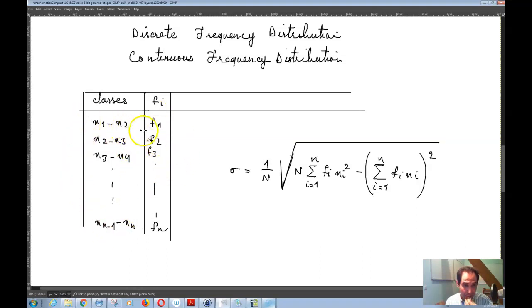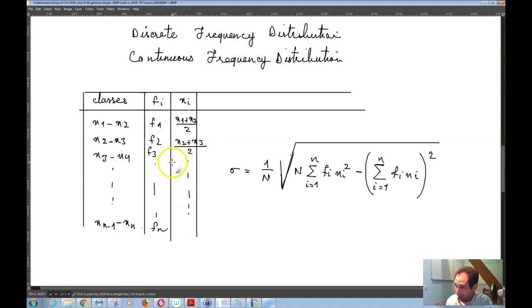So in this case, in order to find your x sub i, you take the average of these two, x1 plus x2 divided by 2, or x2 plus x3 divided by 2, and so on and so forth.